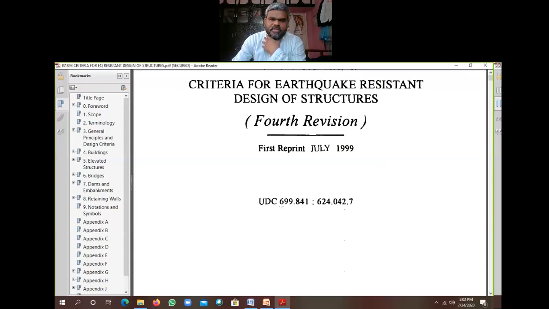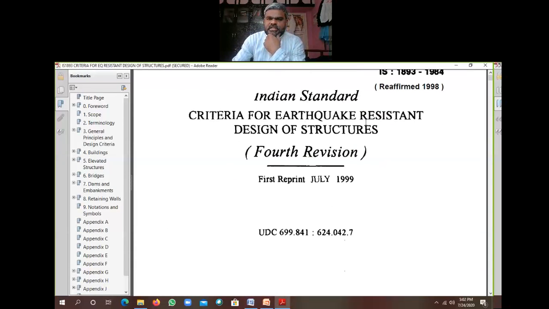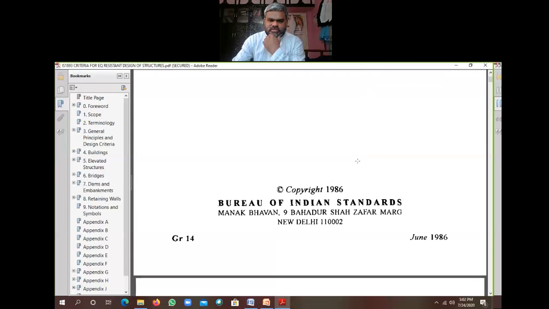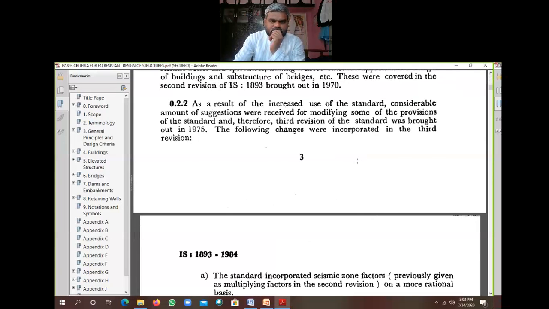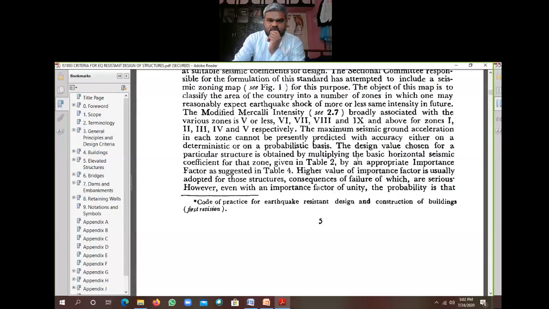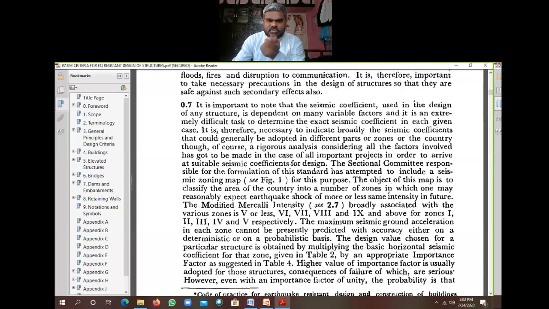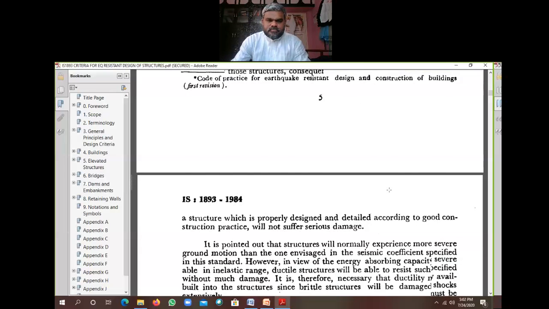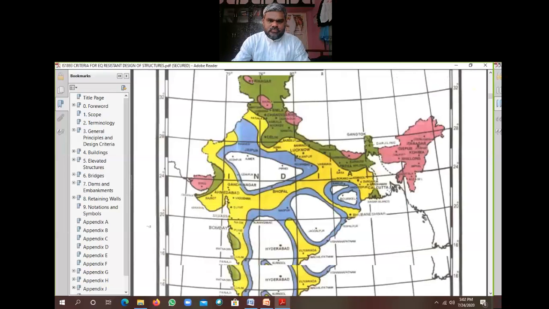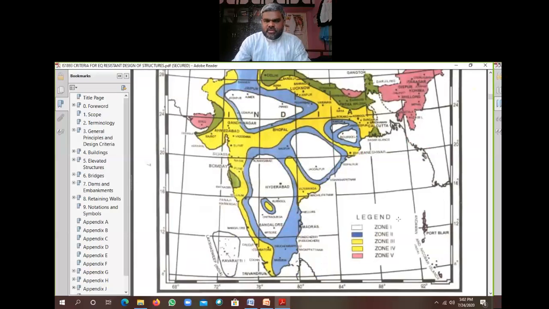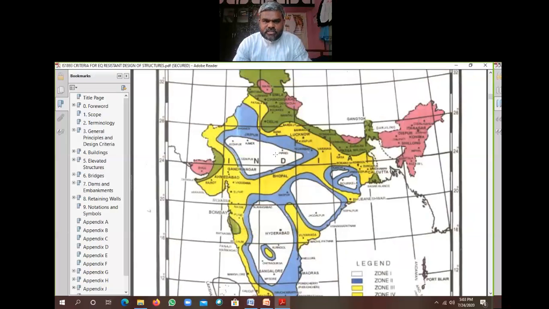This is the code which can be taken as a criteria for earthquake resistant design of structures. So I'd like to show how the different zones are there. See, these are the various zones. India is divided into zones: Zone 1, Zone 2, Zone 3, Zone 4, Zone 5. See, Zone 1 is white, this one and this Hyderabad part.